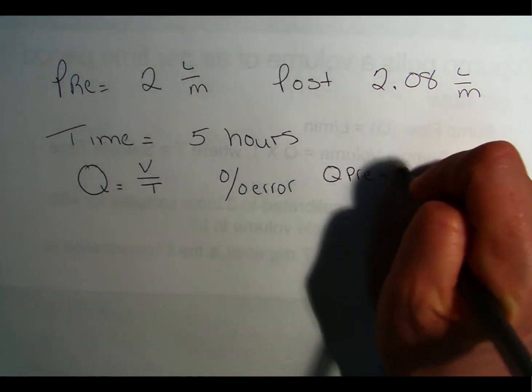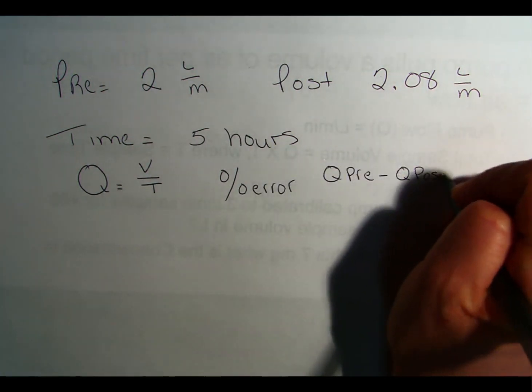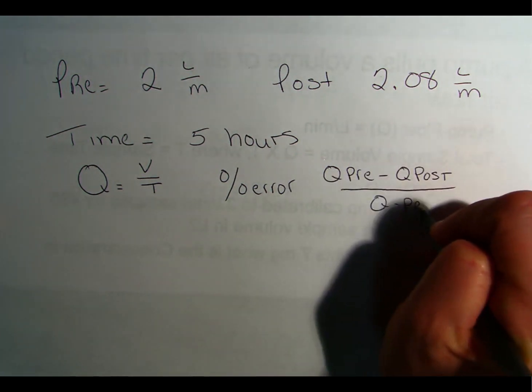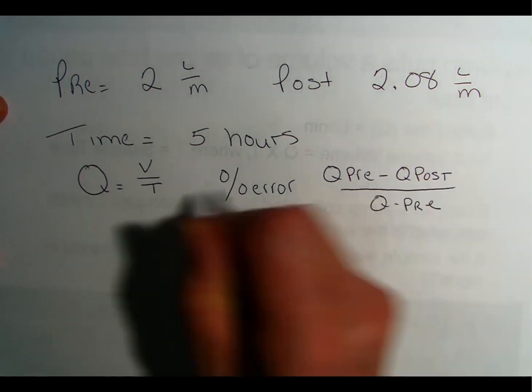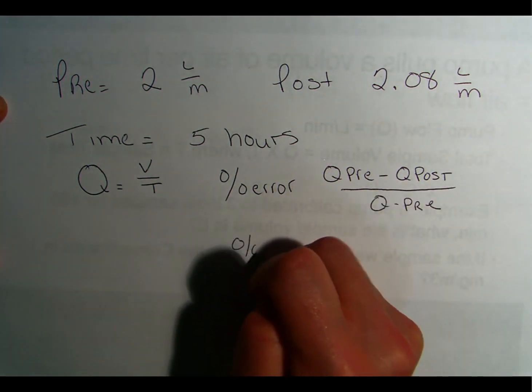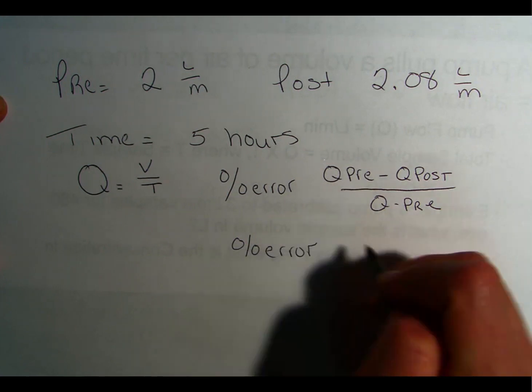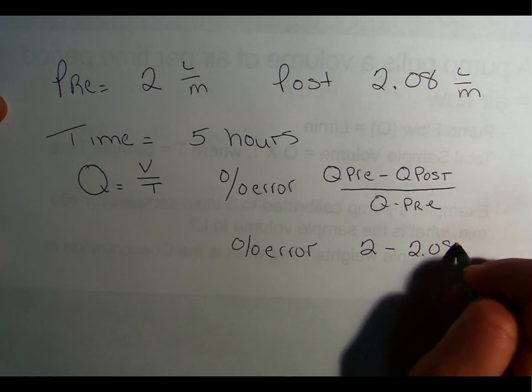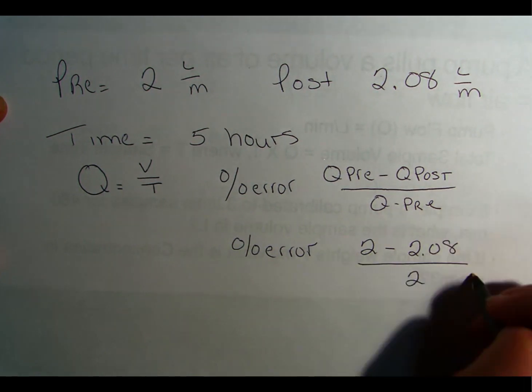Q pre minus Q post over Q pre. So let's run this equation. What's our percent error? It would be 2 minus 2.08 divided by 2.